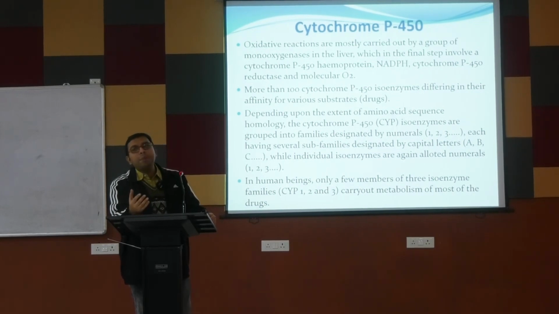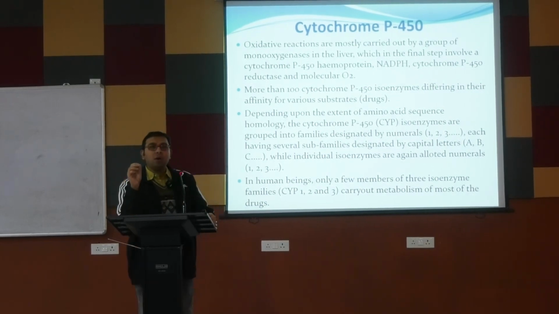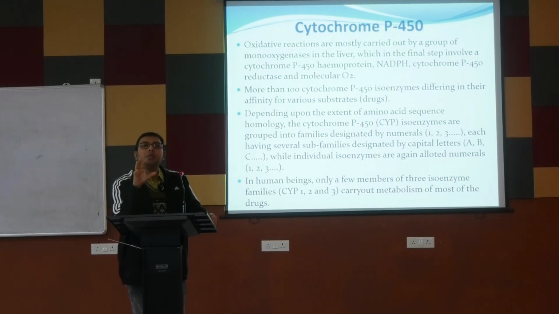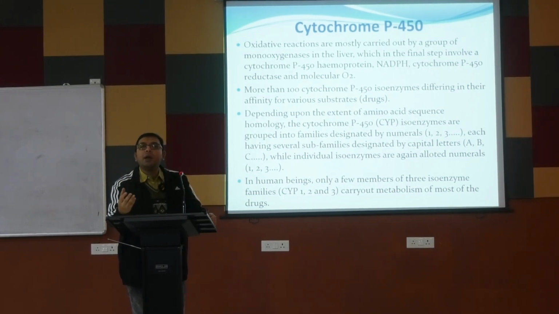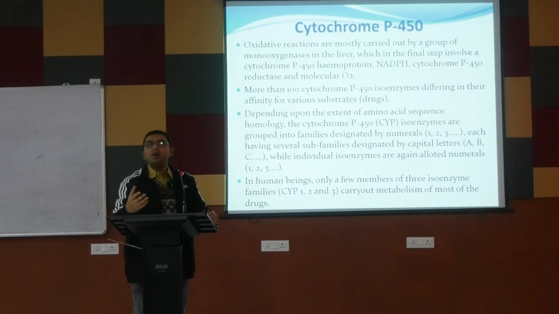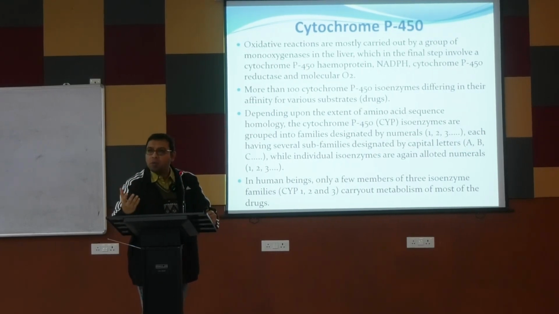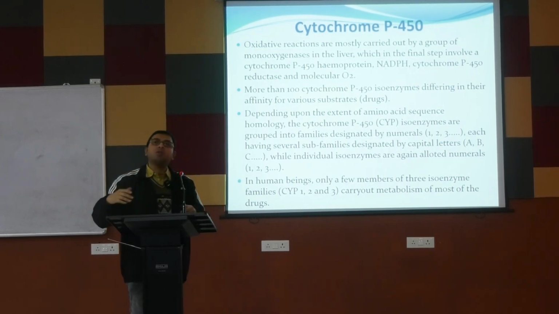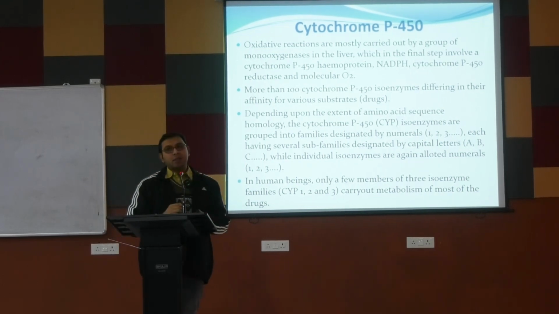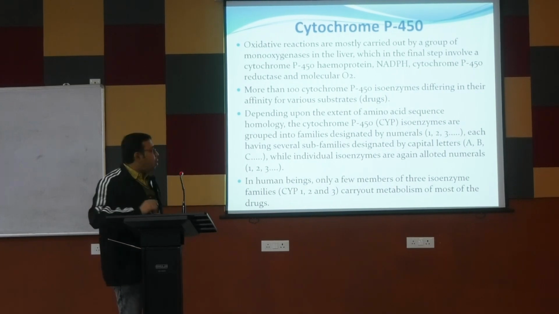Most of the cytochrome P450 from 1 to 4 are usually needed for metabolism of different xenobiotic drugs, and after that, the different cytochromes are mainly needed for metabolism of endogenous substances. Within our body there are different enzymes and hormones, and they also undergo metabolism that also needs the cytochrome P450 enzyme.